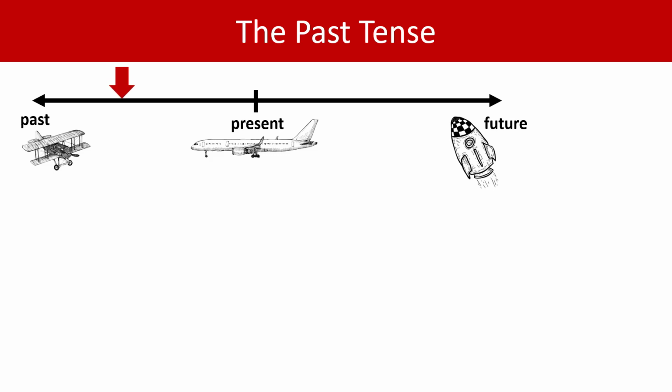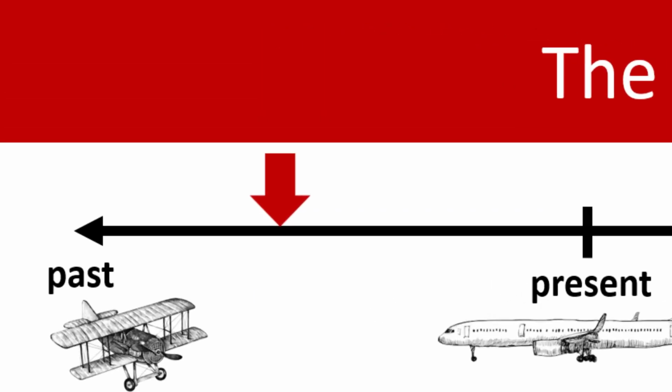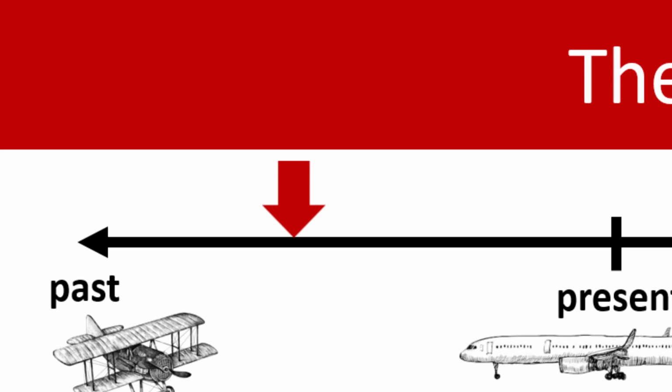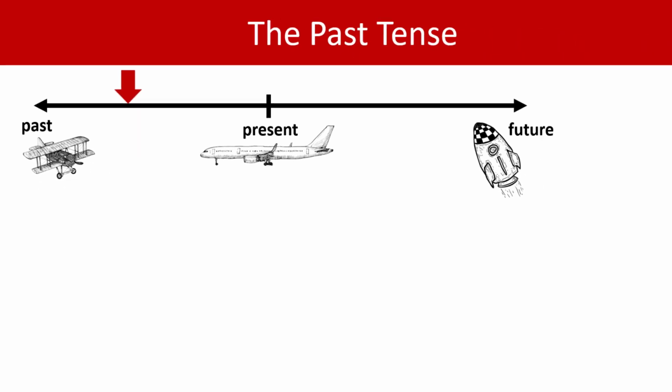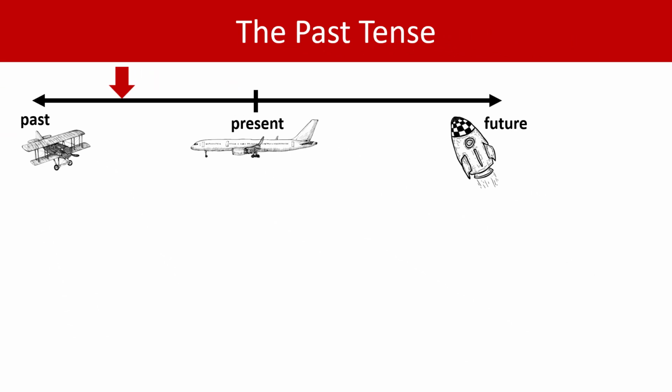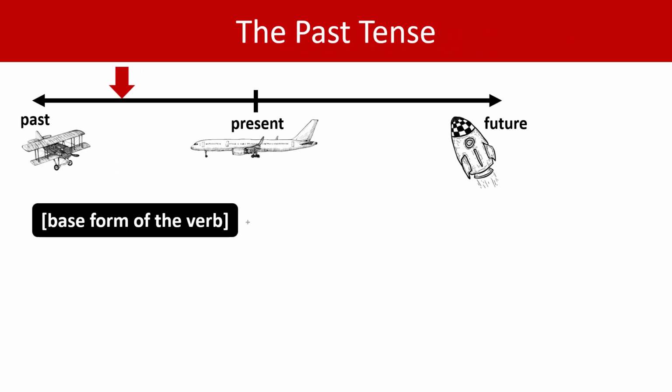Okay, look at this arrow that's come down on the timeline. This represents an activity that started in the past and finished in the past. And we describe this by using the base form of the verb plus ed.